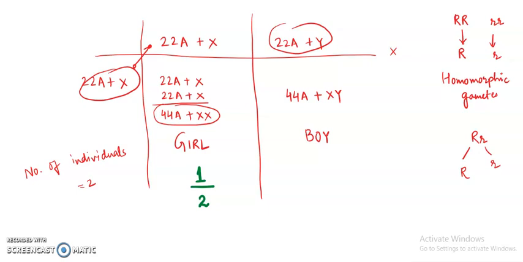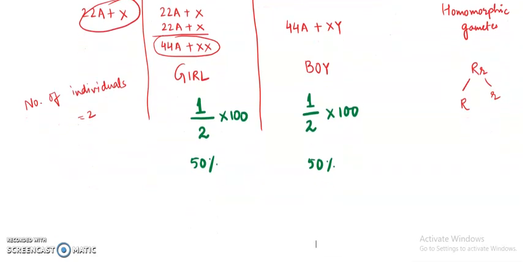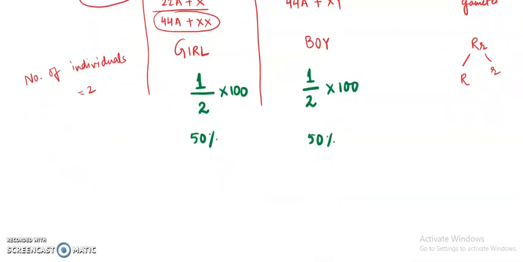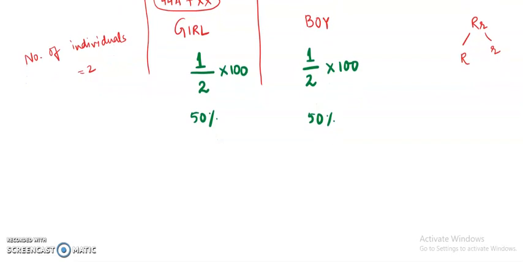And in the case of boy, 1 individual out of 2 is a boy. If you multiply this value by 100, it will give you an answer of 50% each. Am I clear? So girl and boy both have 50-50% chances that if any pregnant lady is giving birth to a baby, she could give birth to a girl or to a boy.